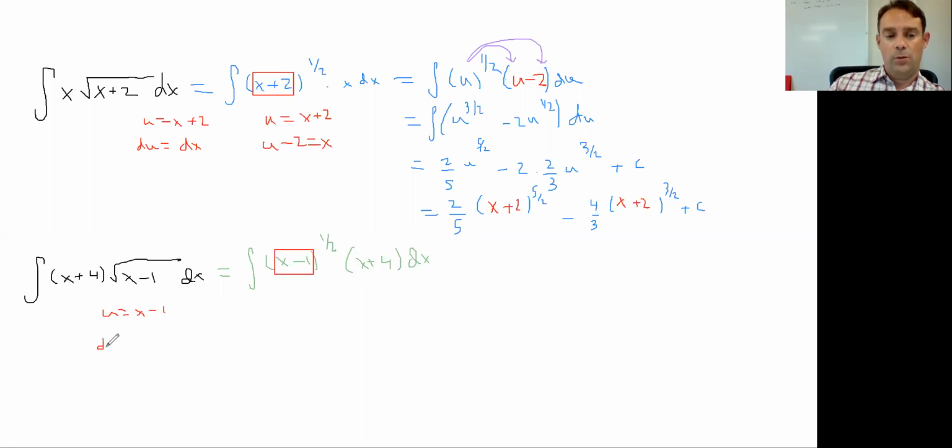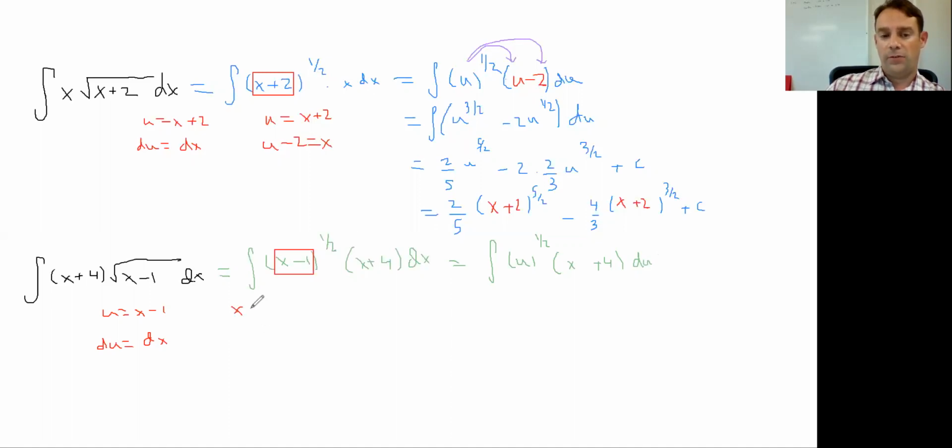That means du equals dx. So u to the 1/2. Still have this x plus 4. And dx became du.